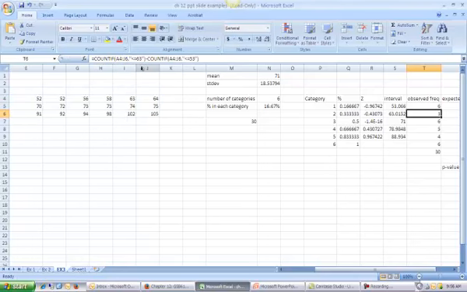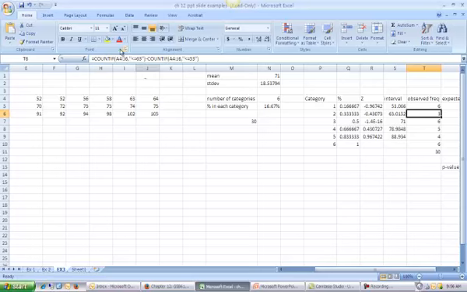My next interval says percentage 33%, but I only want to look at the values in that second interval, not the first and the second. So that 33% includes my bottom 16.67%.